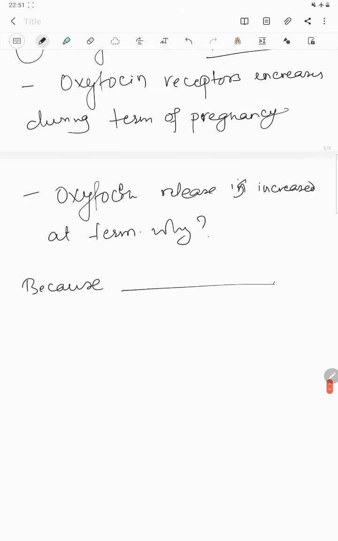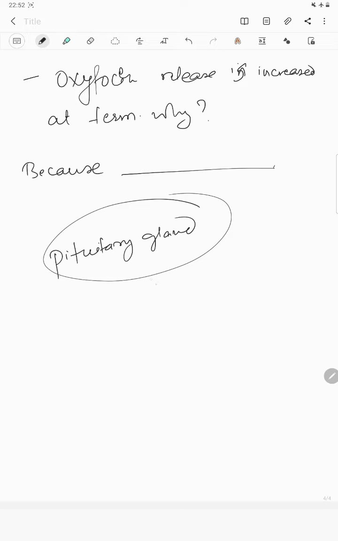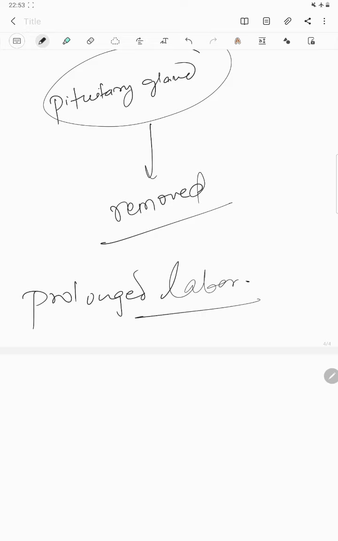Now this oxytocin role has been proved in parturition by the experiment that if the pituitary gland of an animal is removed, there will be prolonged labor. Why?